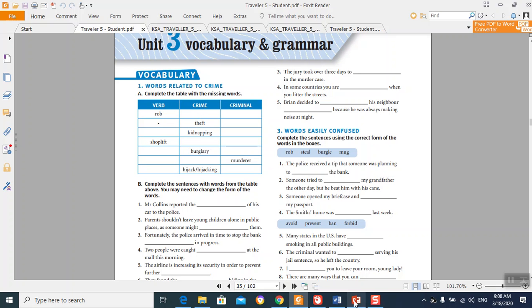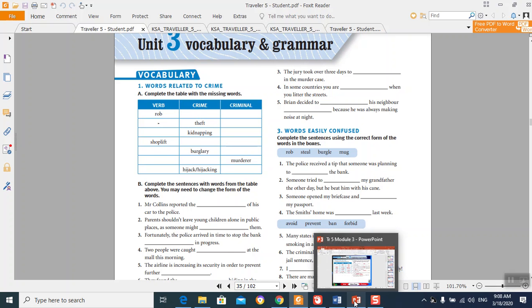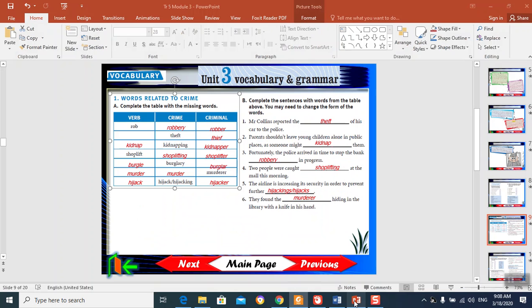You're gonna watch a PowerPoint so that you can see the words and read them. We're gonna fill this table first, and then I'm gonna show you the meaning of these words and other words related to crime.